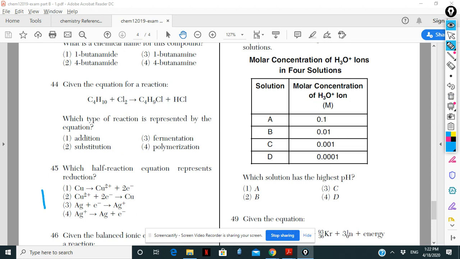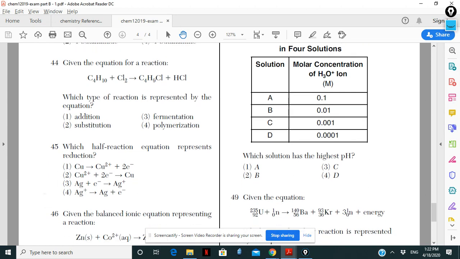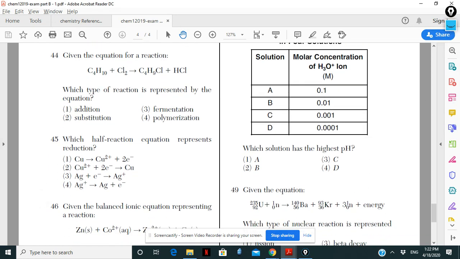Question number 45. Which reaction represents reduction? What does reduction mean? Reduction, by definition, is gaining electrons.